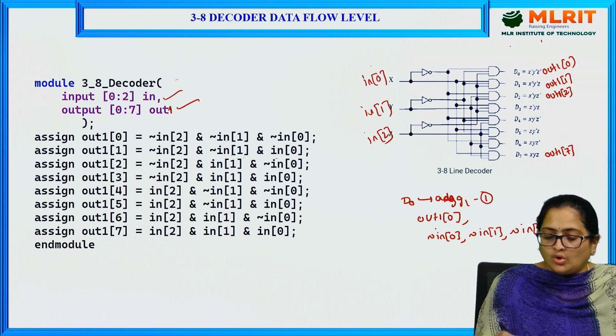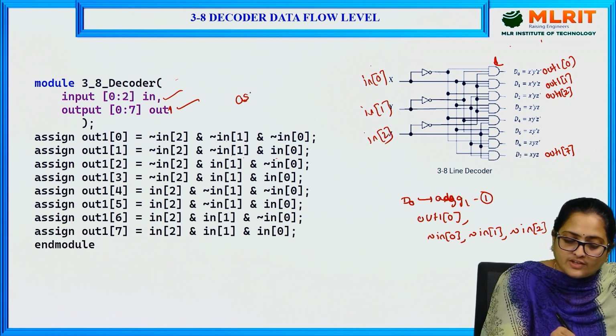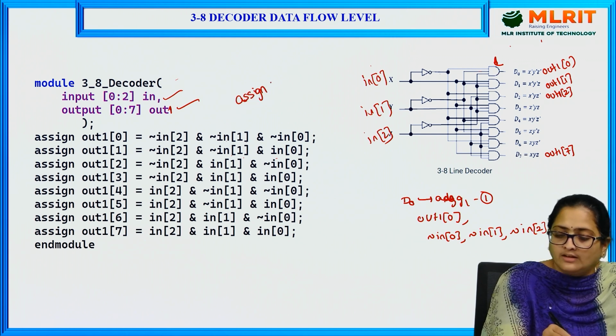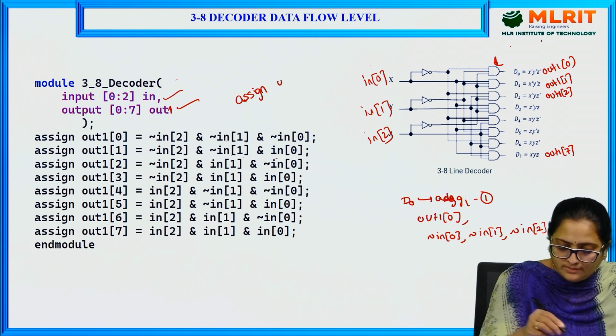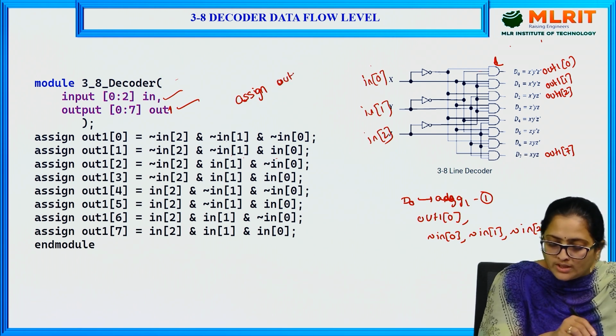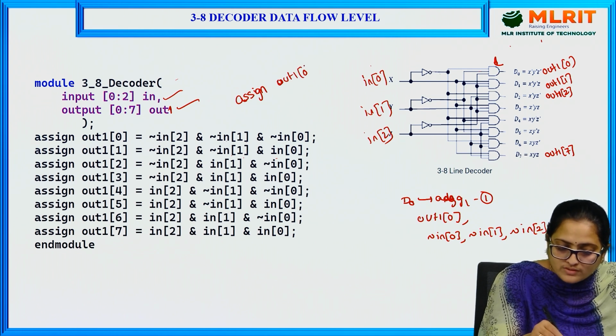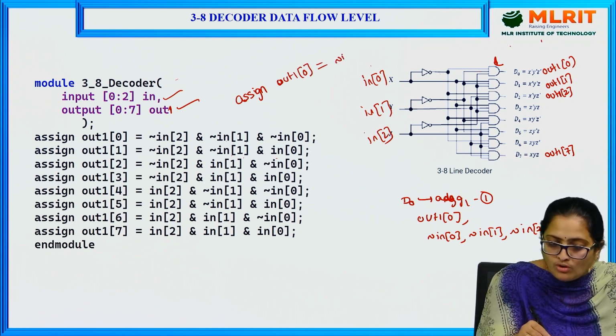So for this first AND gate, you can write a statement like: assign the output of this AND gate, given with OUT1 of 0, equals complement of IN of 0 and complement of IN of 1 and complement of IN of 2.